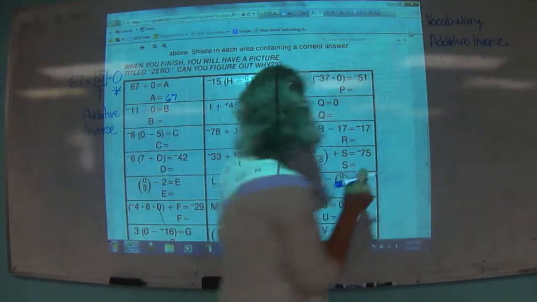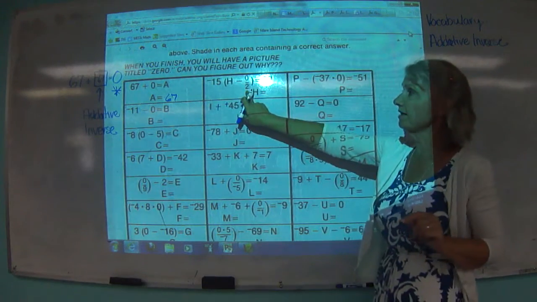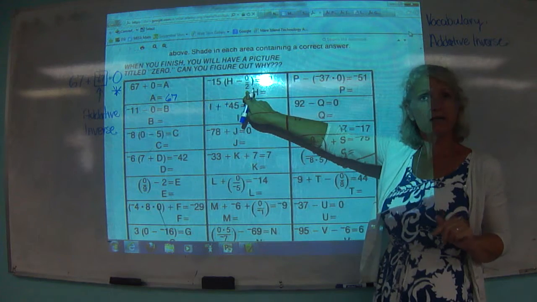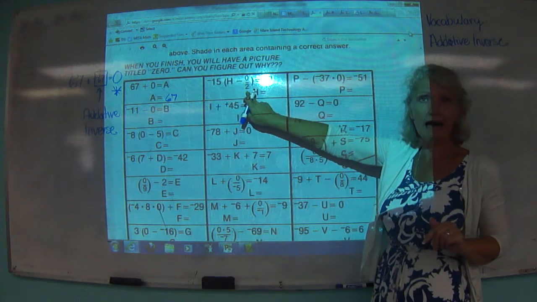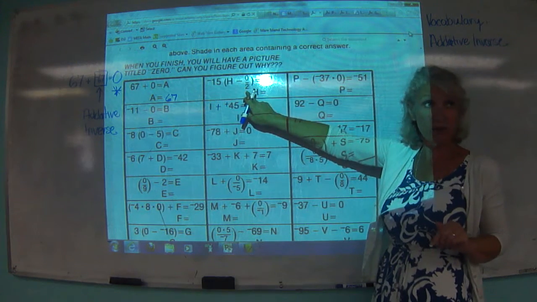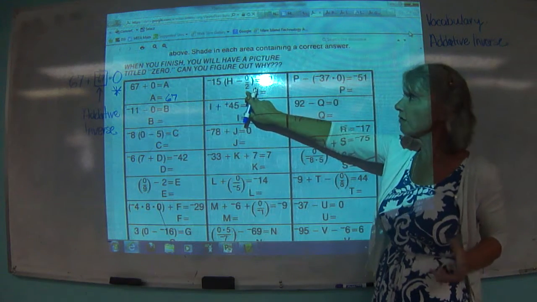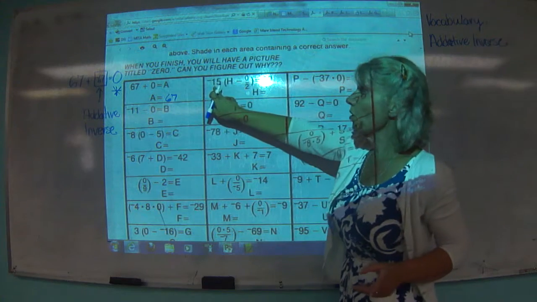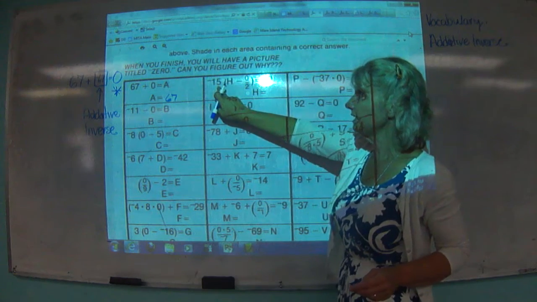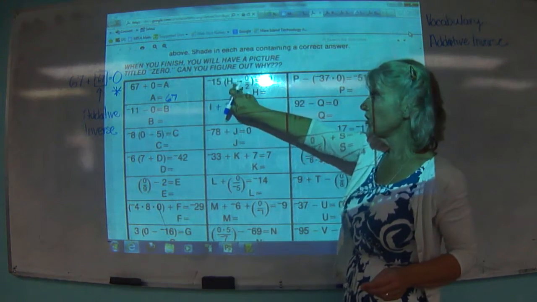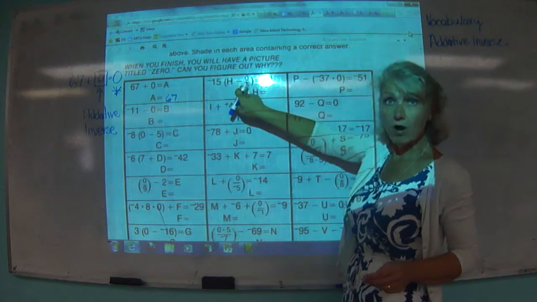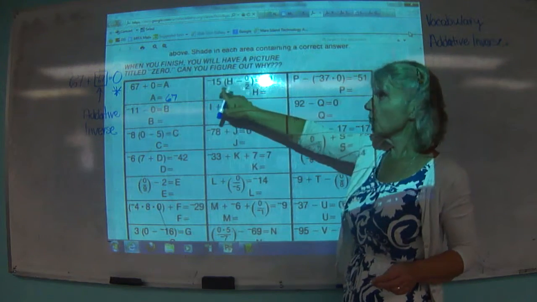Now don't panic when you see something like this. What is 0 halves? How much pizza do you have when you have 0 halves of pizza? 0. You have 0. So negative 15 times h minus 0. So what is this really?